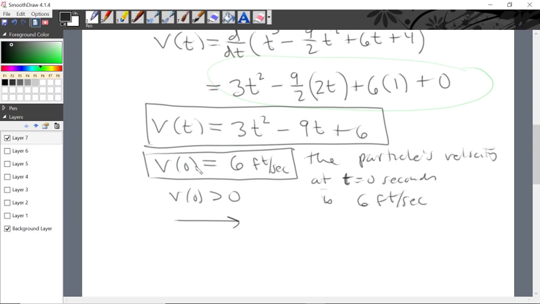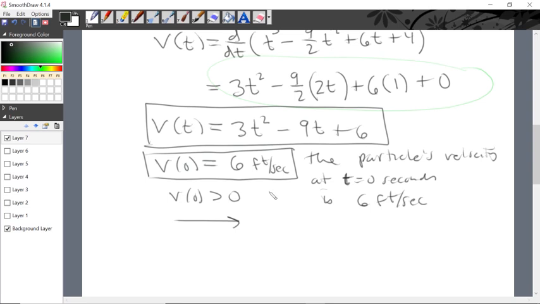Remember, this is an instantaneous velocity. So we're looking at a photograph of this particle in motion, but we're adding that dynamic component of seeing how it is actually moving at the instant that we snap the photograph. It is moving to the right at 6 feet per second at that instant.